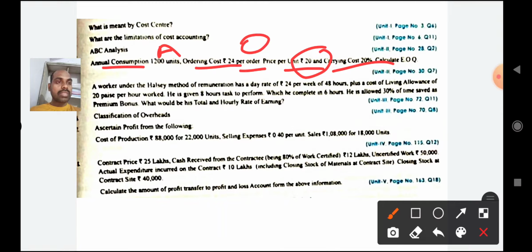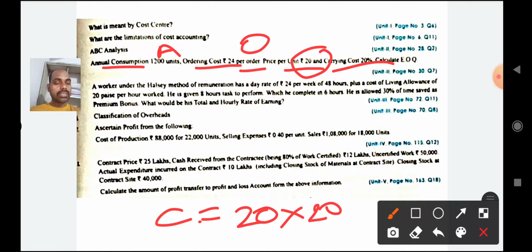Carrying cost 20% they gave. When percentage is given, we need to calculate on the price. So here C is equals to 20 rupees into 20%, that will be 4 rupees. We will get 4 rupees as C. So calculate EOQ, simple question.